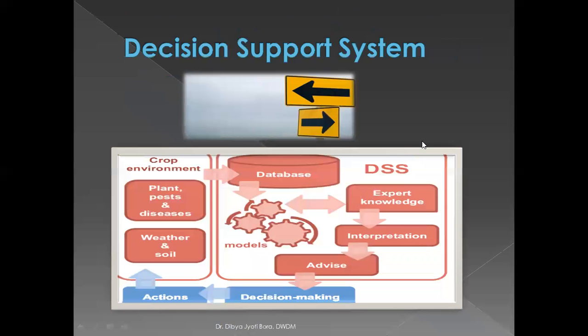Now, today we are going to discuss DSS. So DSS, that is Decision Support System. I know that you have probably heard this term before. So let's discuss the components of it.